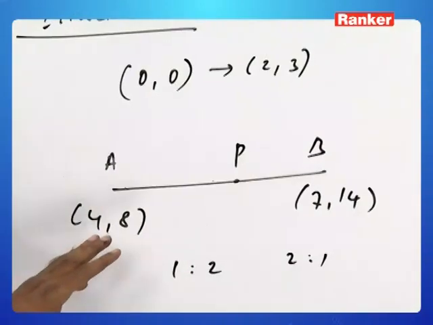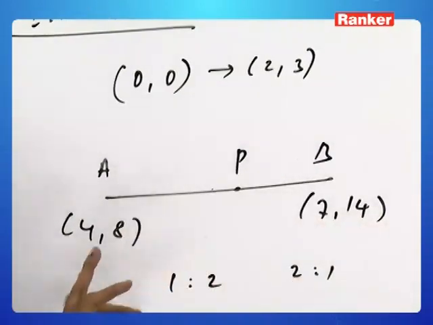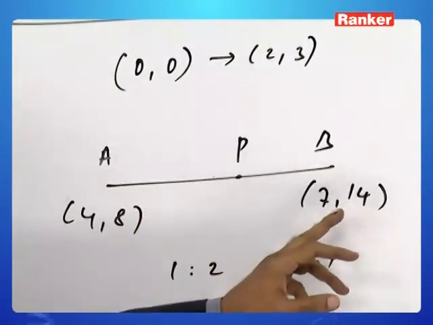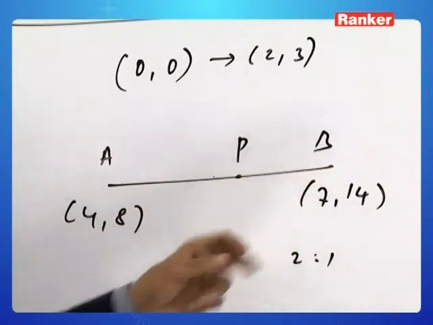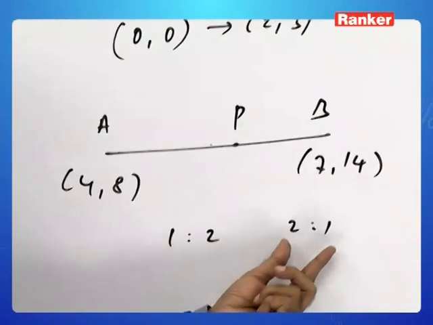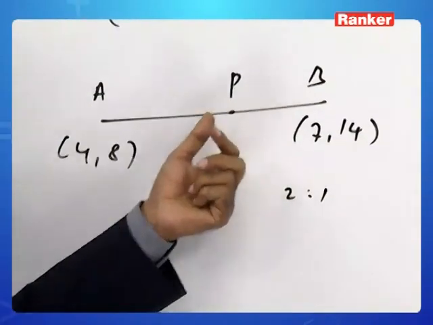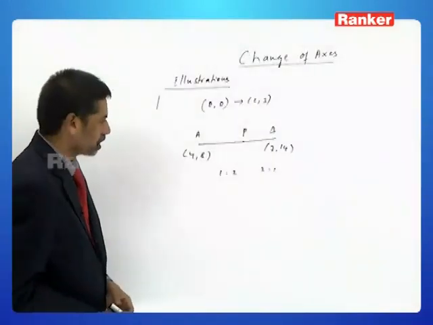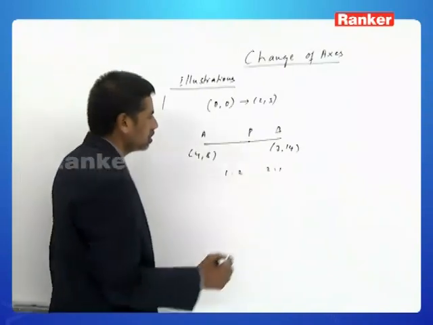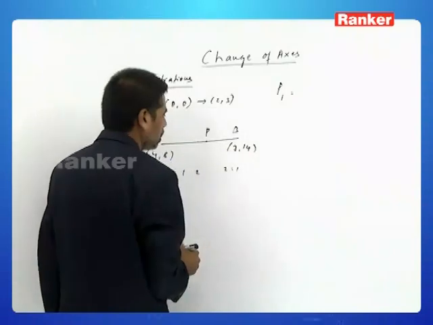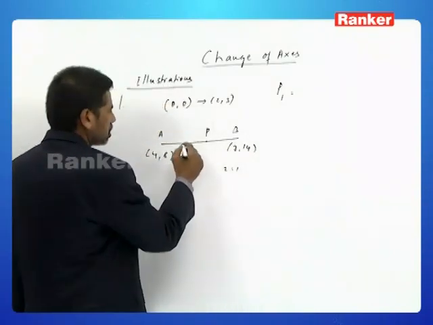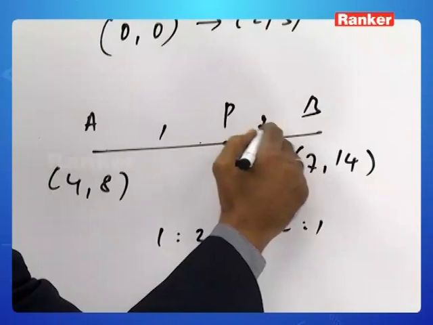Now we have got 2 points A and B with original coordinates 4, 8 and 7, 14. And there's a point P which is dividing this line segment in the ratio 1:2 or 2:1. So therefore P will have two possible locations. So let us find out P1 and P2. Suppose you take the ratio as 1:2.